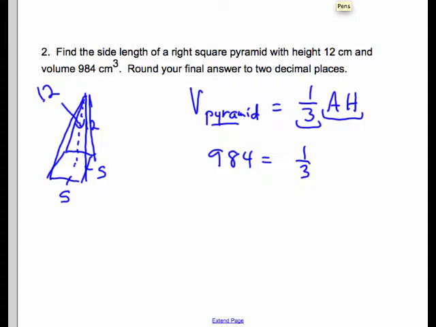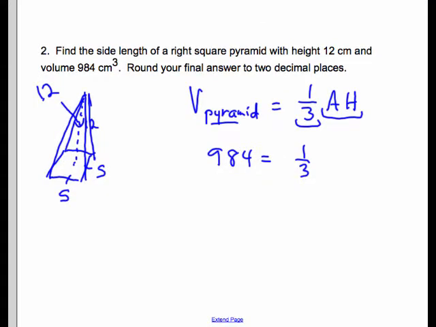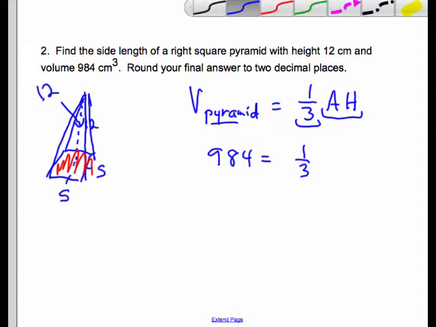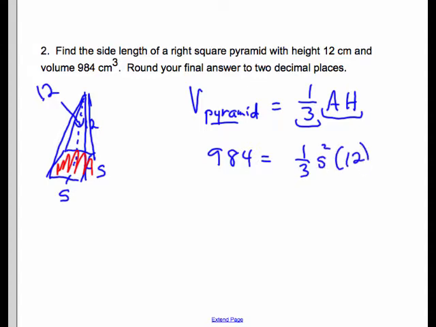The area of the base we don't know, but we could calculate the area of the base as side squared. So the area of the base is side squared, and the height we're told is 12. So 1/3 of 12 is 4. And we need to divide both sides by 4.